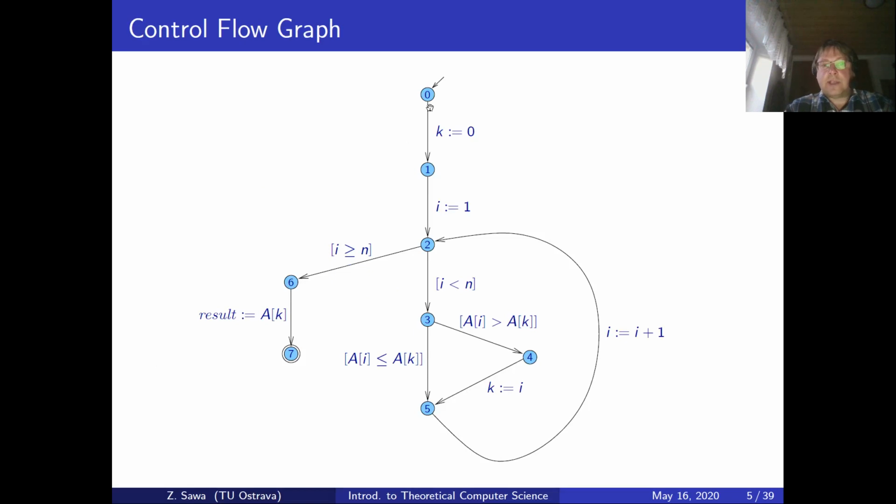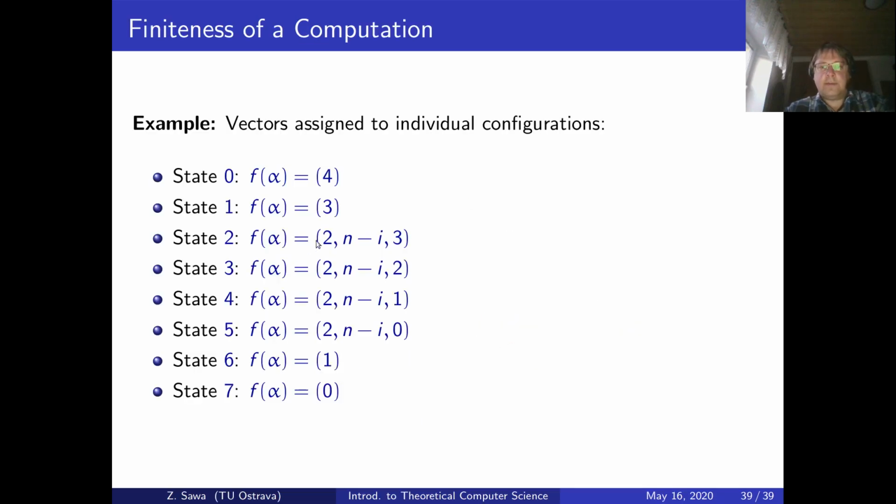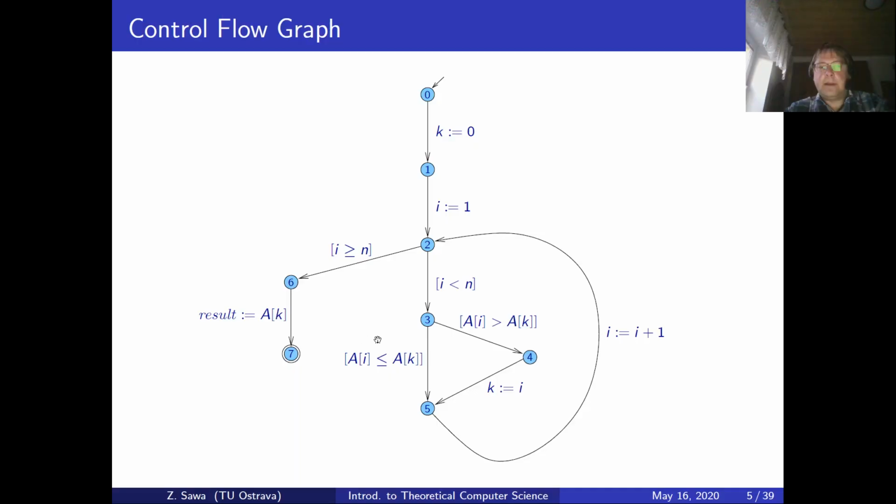Because it's quite obvious in this algorithm that we start here, then perform these two transitions, then several times we go through this loop, and then at the end we go out of the loop. So here the value is 4, here is 3, here inside the cycle it will be 2, this first element, and here it will be 1, and here it will be 0.